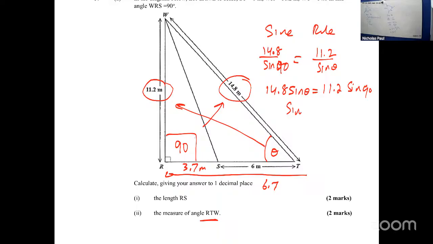Right? Usual steps, carry across the 14.8, and then carry across theta. So that is theta equals sine inverse of 11.2 over 14.8. And that should give you the same answer if you use the trig ratios as well.